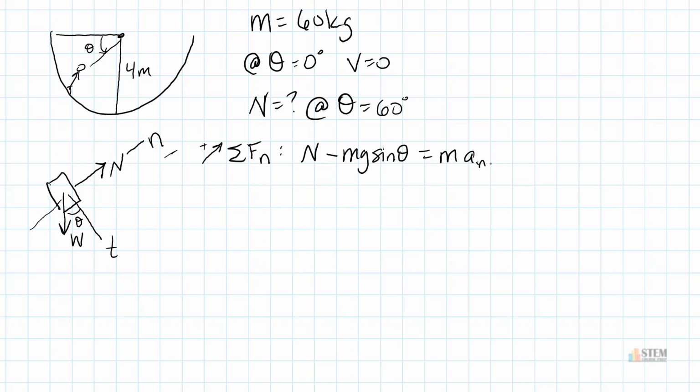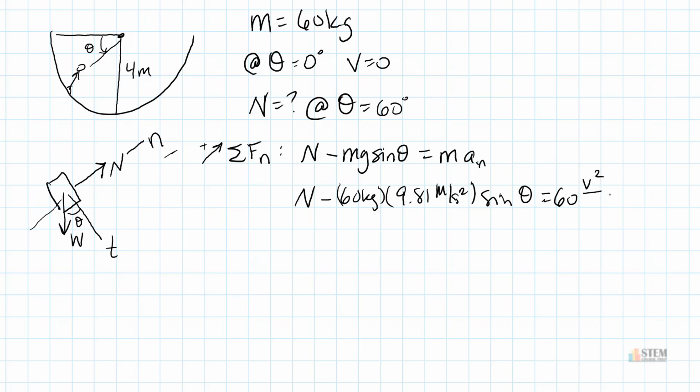Then let's fill everything in here. N, I don't know what that is yet, that's what I'm looking for. Then we have minus the mass, which is 60 kilograms, times gravity, 9.81 meters per second squared, and then sine, let's leave that in terms of theta. That is going to equal our mass, 60, times v squared over rho.